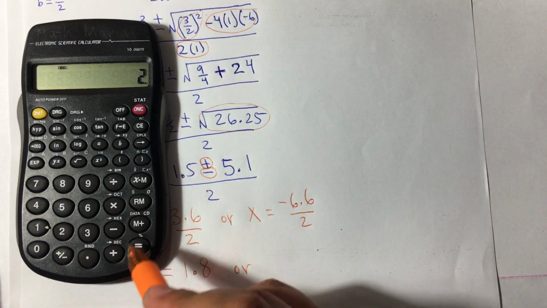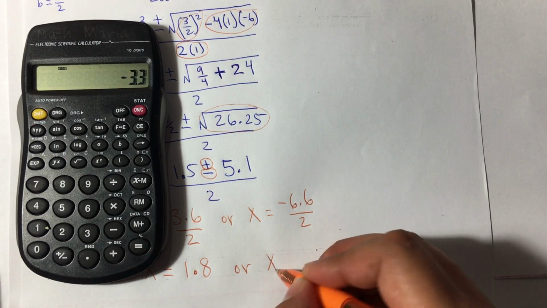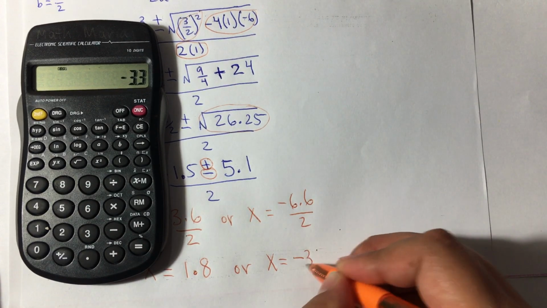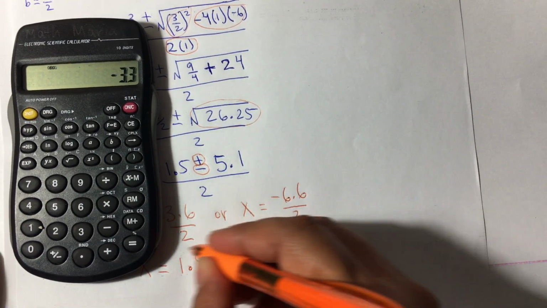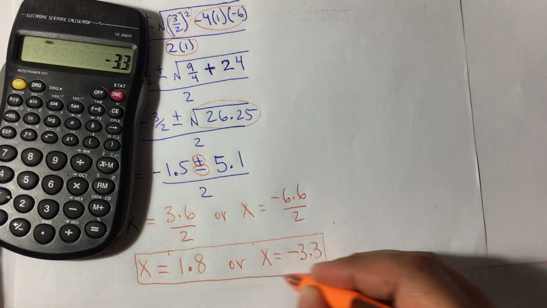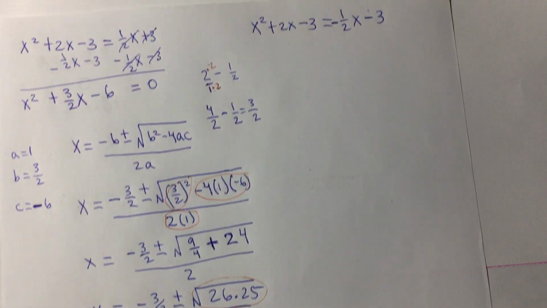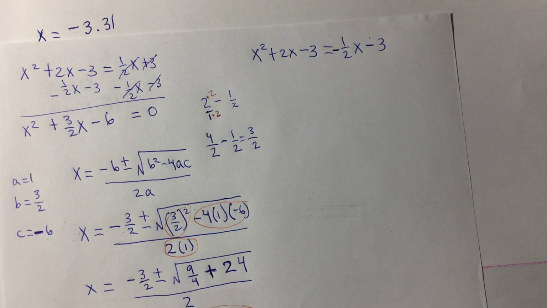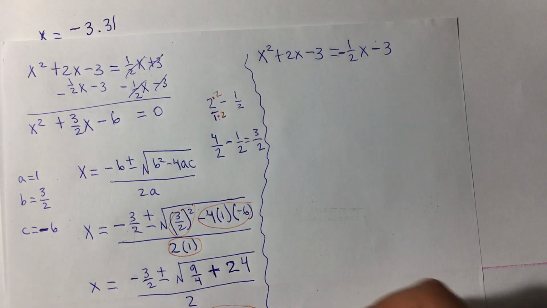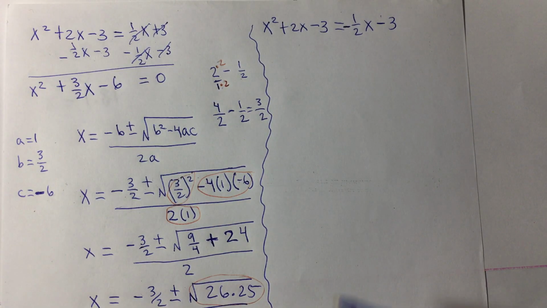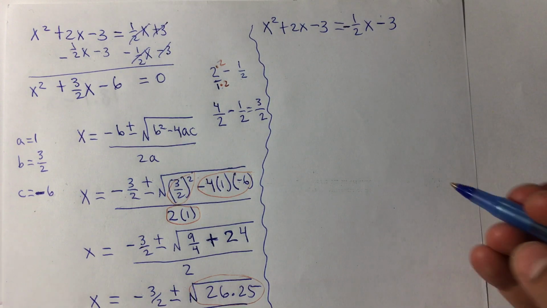Divided by 2 gives me negative 3.3. Okay, so those are two solutions. And so now we have to find the other two solutions when we have the negative of the answer. At the end, we'll compare the answers that we get here to the ones that we got in the technology.